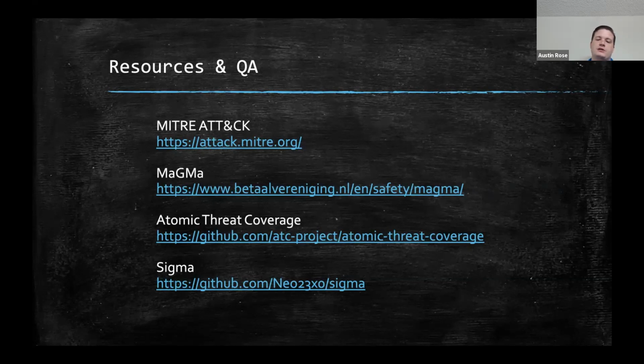Atomic threat coverage is all the bits and pieces that go into a specific use case. And then Sigma is the SIEM agnostic query language. So you write it in the agnostic query language and you're able to output it into Splunk. But you can also share with people across the fence who maybe use Elasticsearch, or you've got FireEye and you want to output it into Mandiant and things like that.